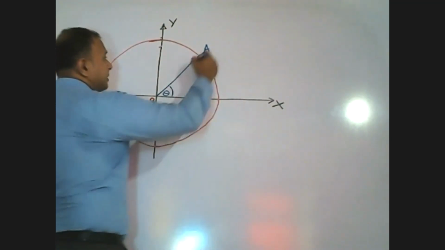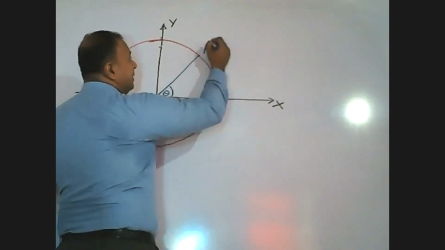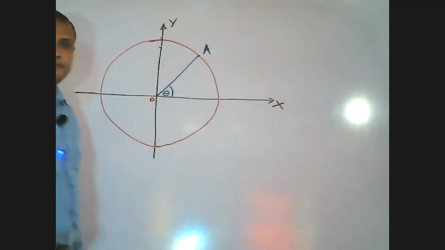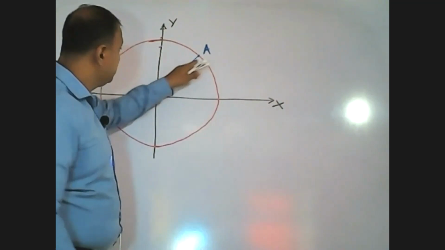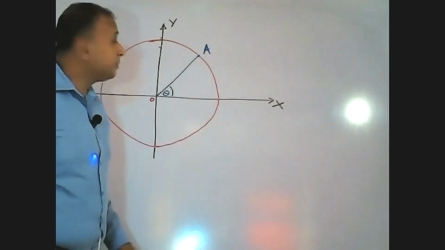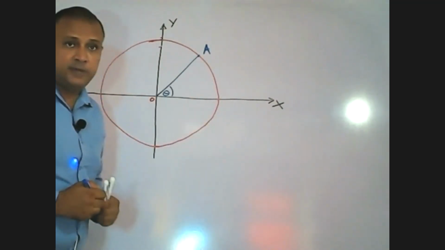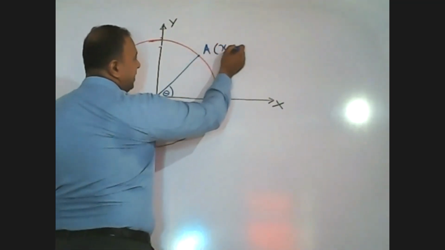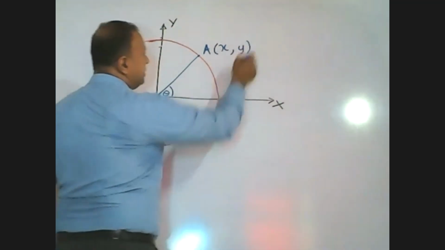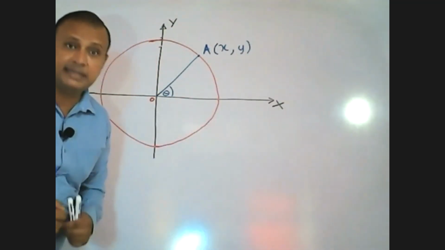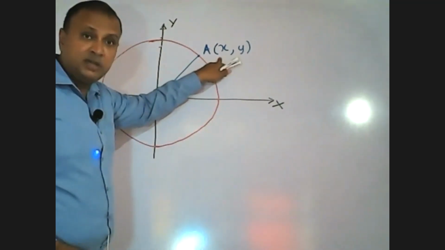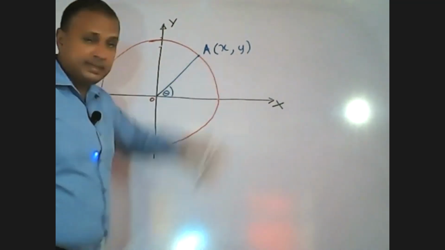Suppose this point A is on the perimeter of this unit circle. Suppose the Cartesian coordinate of A is x comma y.